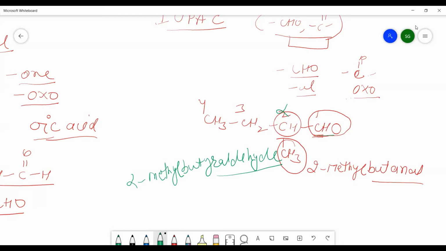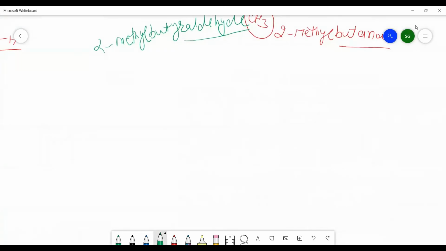We will see one by one. So this is the alpha carbon, this is the beta carbon, and this is the gamma carbon. These alpha, beta, gamma relate to the position of the carbon atoms along with the CHO group in this compound.